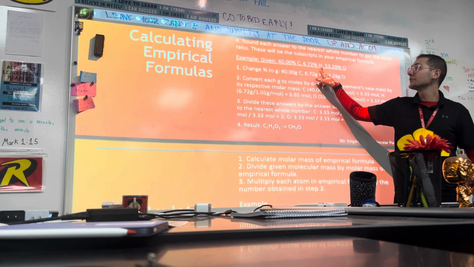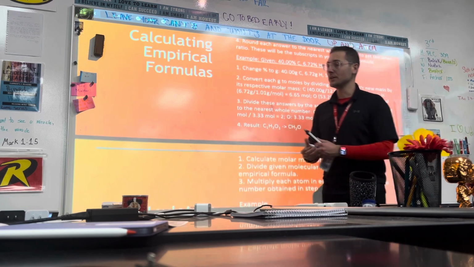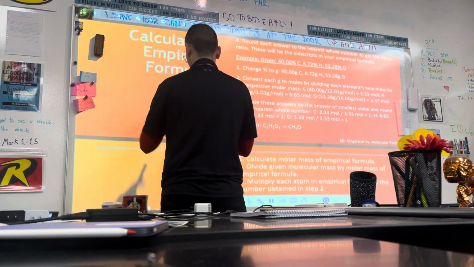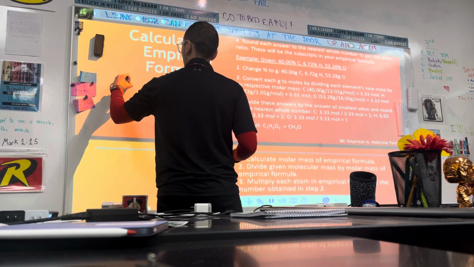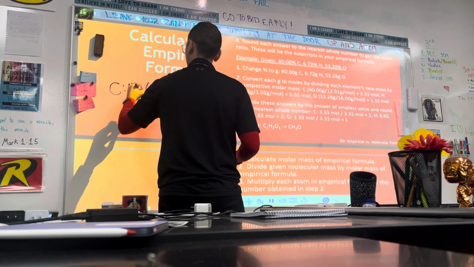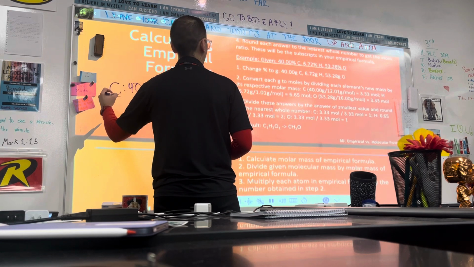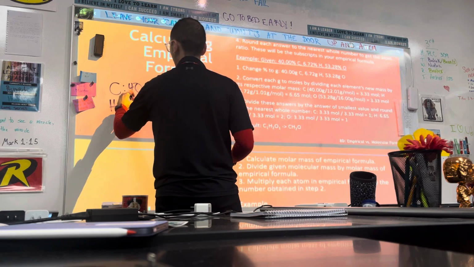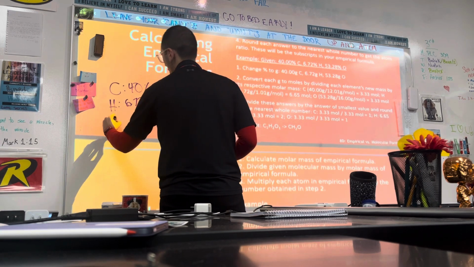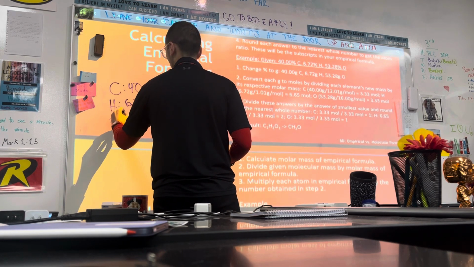Okay? So we're given carbon. Carbon is at 40%. This is where you might want to write. H is at 6.72%, and O is at 53.28%.